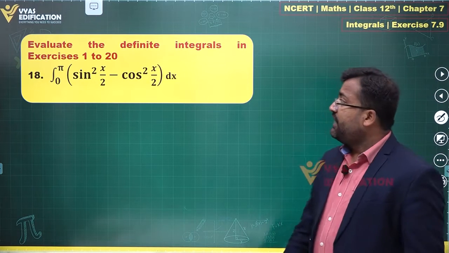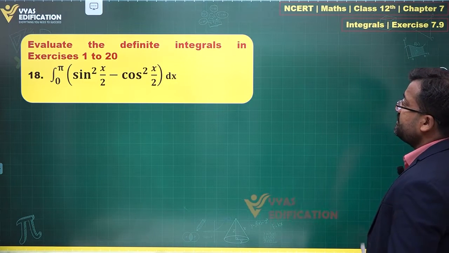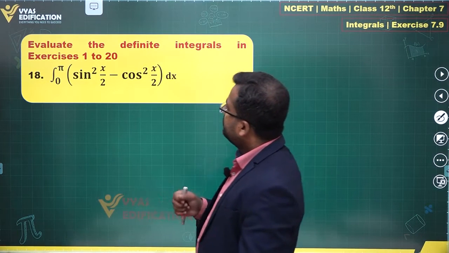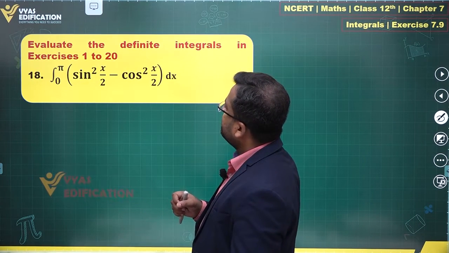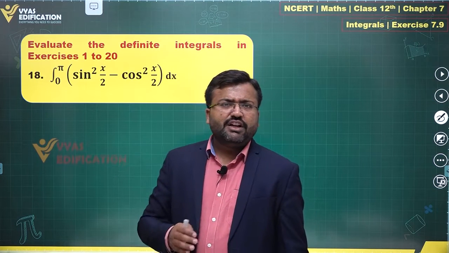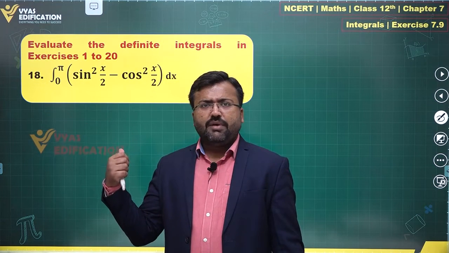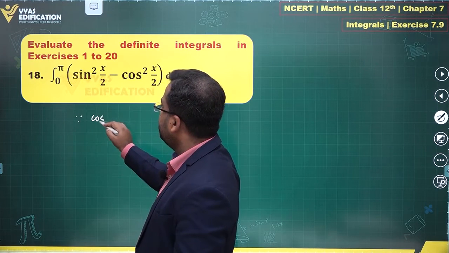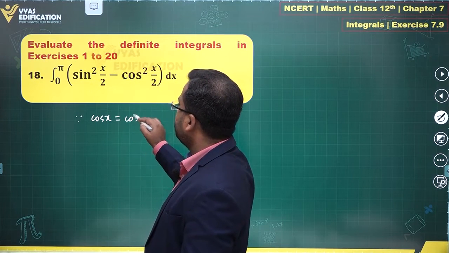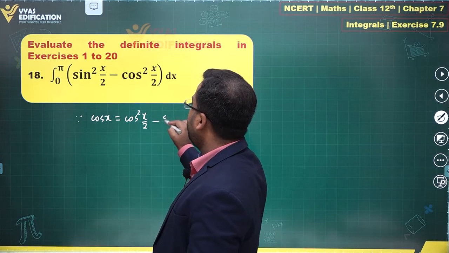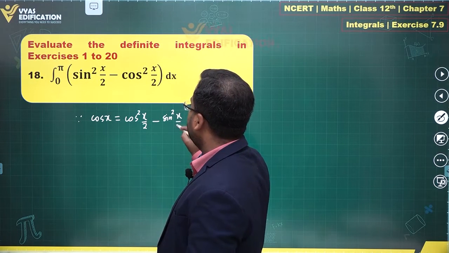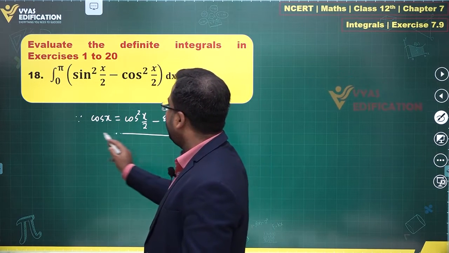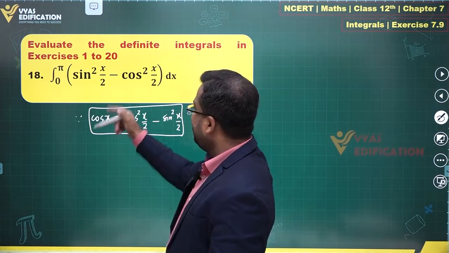In the 18th question, we have the integral from 0 to pi of sin square x by 2 minus cos square x by 2. How do we deal with this one? Sin square x by 2 minus cos square x by 2 can be reduced to lower power and multiple angle very easily. Since cos 2x is cos square x minus sin square x, using this idea, can I integrate that easily?